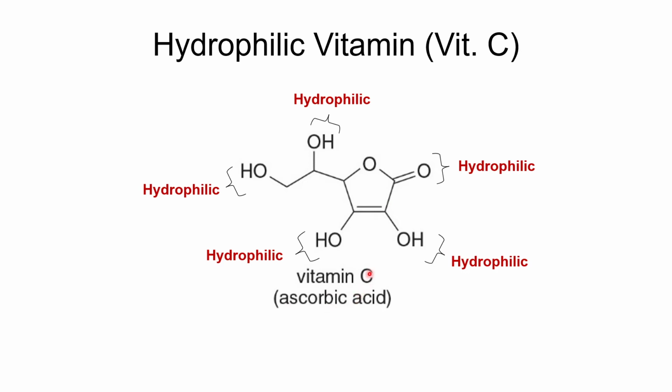That also means that if you get too much in your body, which it is possible to do, your body is capable of processing it and removing it from your bloodstream and passing it into your urine. And so that's good. It's very difficult to overdose on vitamin C, where it is possible to overdose on vitamin A.